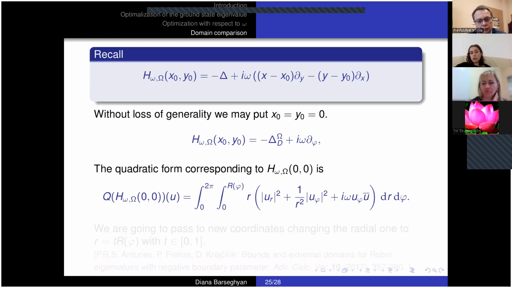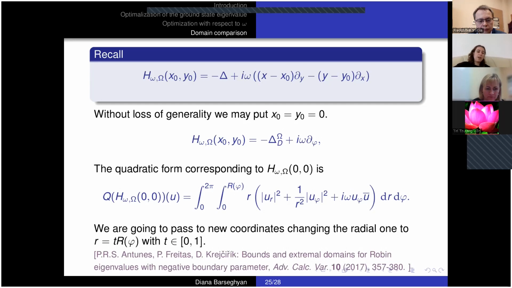You can check that this corresponds to the derivative with respect to phi. Then we can write down the quadratic form, which is written here. The first part of the integral corresponds to the Laplace operator, and the second is this angular operator.